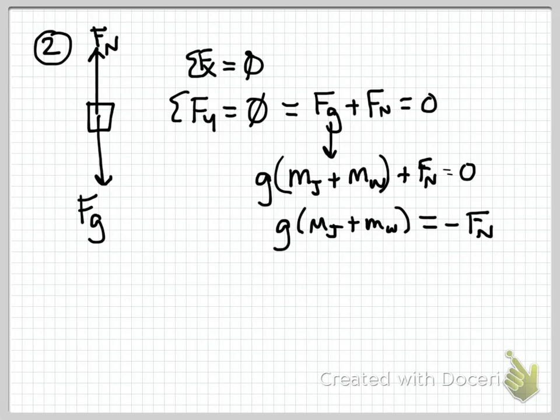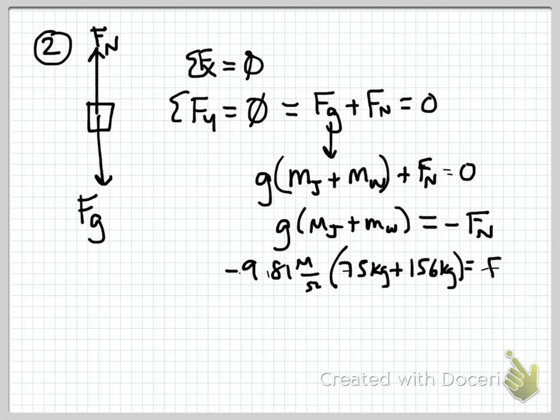So we have negative 9.81 meters per second squared times 75 kilograms plus 156 kilograms is going to equal the negative of our normal force, and we get negative 2,266.11 newtons is the negative of the normal force.